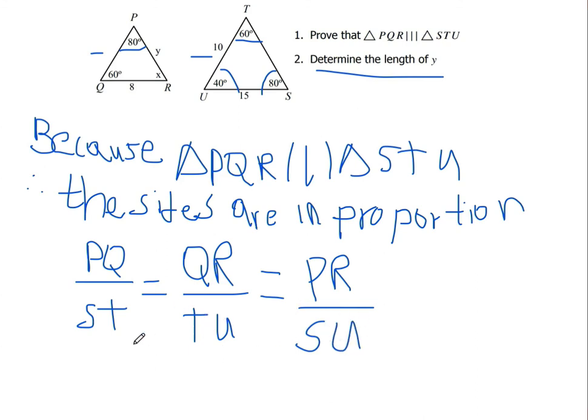How you write these letters just depends on this. It's always SU, because there's an S, then the U, and ST, you see it here. QR is here. You can never say RQ. You always use this proportion going in that direction.